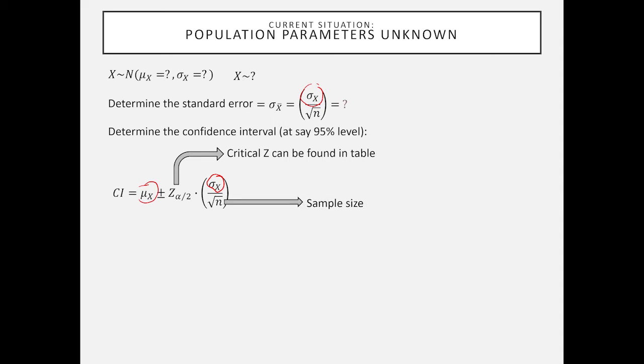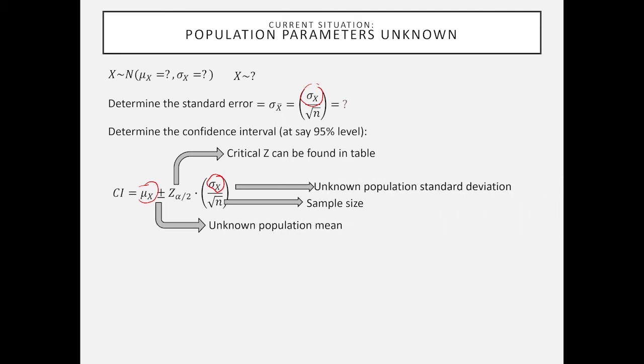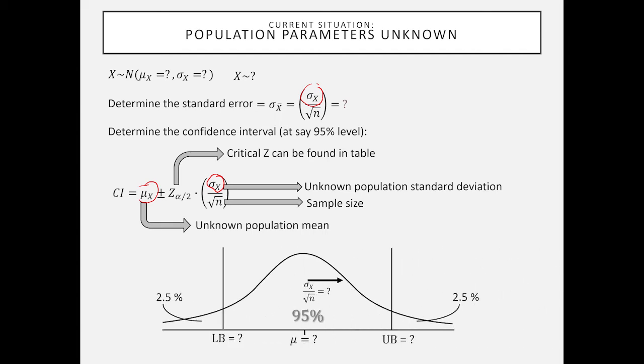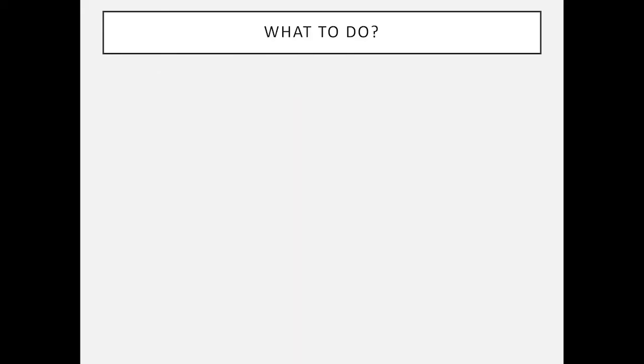And of course, we'll know the sample size because you know how many times we've drawn from the population. But these two parameters are simply unknown. So we're kind of stuck. We can't create a confidence interval around the population mean because we simply don't know what the standard error is. And we can't create a lower bound or an upper bound. So what are we going to do?